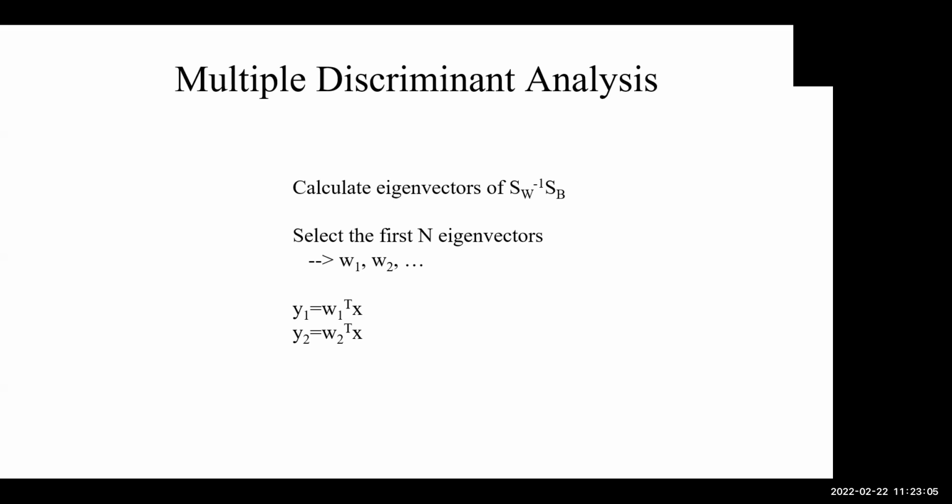Some are bigger than others. So we're going to take the ones that are biggest, strongest, and take the eigenvectors that correspond to them. We have 8 eigenvalues. How many eigenvectors are there? 8.